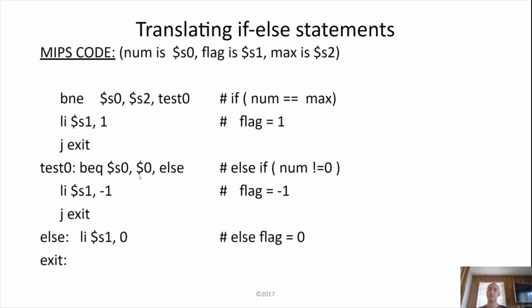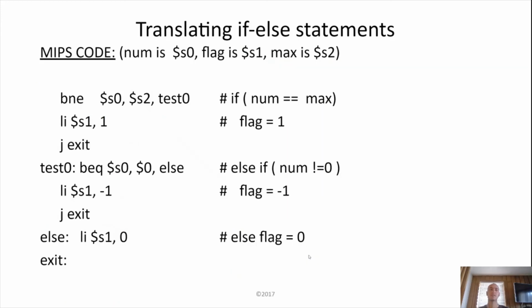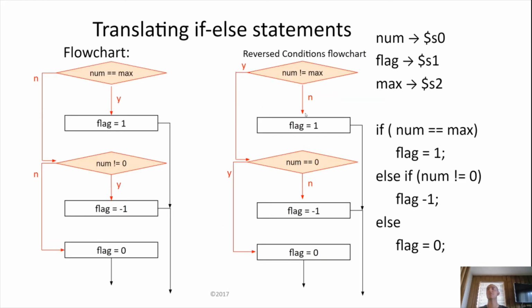If it's false, the next line is going to execute, and that's setting flag as -1, and then we are jumping as usual. If this is true, it's our else. So if this was true, we are going to set flag equal to 0. And that's going to be the else, which is setting the flag to 0. So kind of a straightforward translation from the modified flowchart.